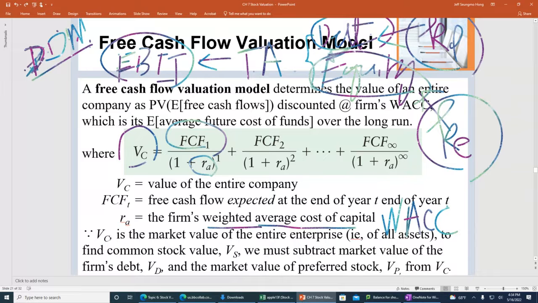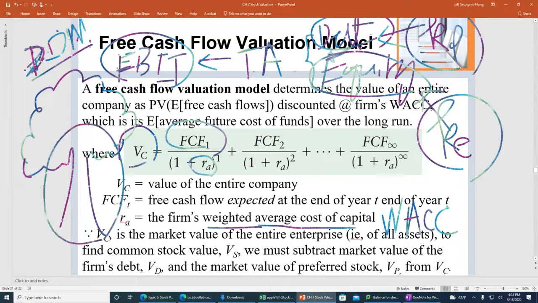I likened it to a tree, right? Basically, think about it. A company is like a tree, and so the tree is the total assets, right?